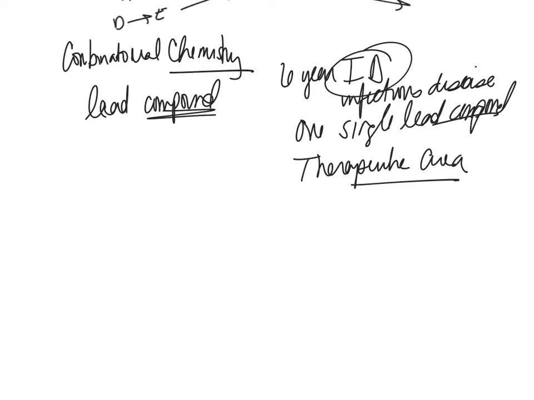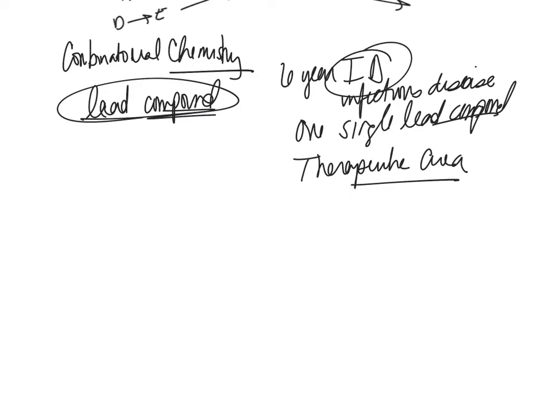Like I said, the limiting factor in most drug discovery processes is identifying a lead compound. Now, medicinal chemistry typically will use traditional optimization techniques, but they also include combinatorial and parallel synthesis to optimize a lead compound.